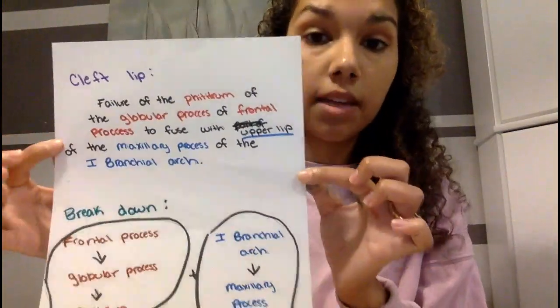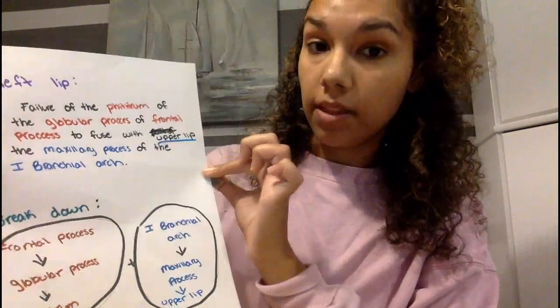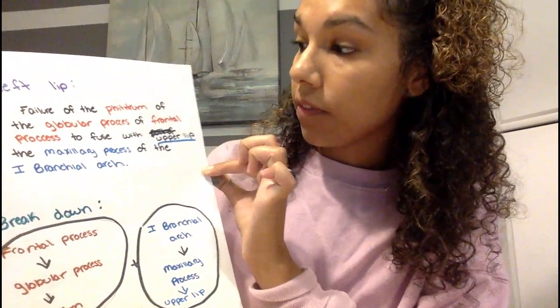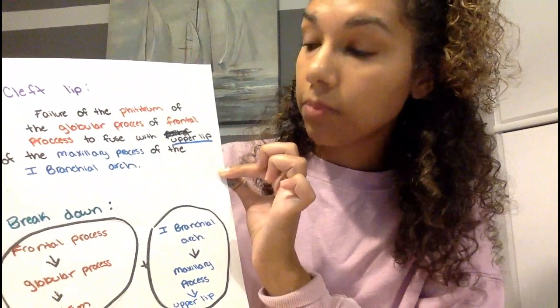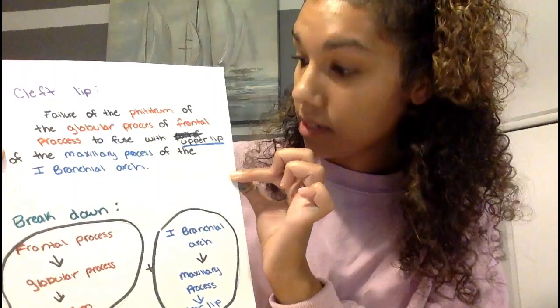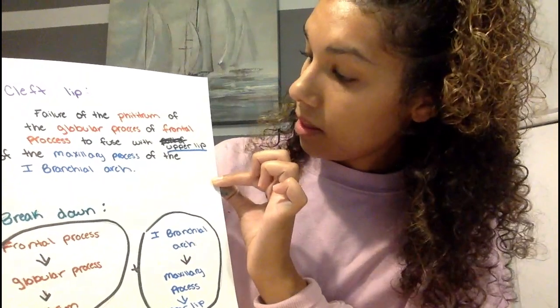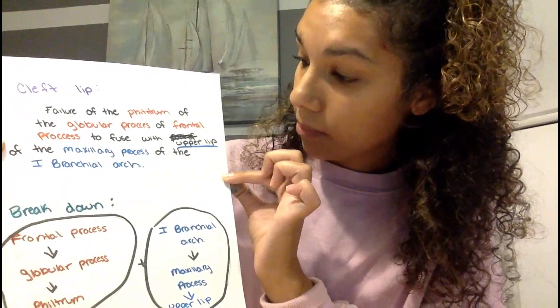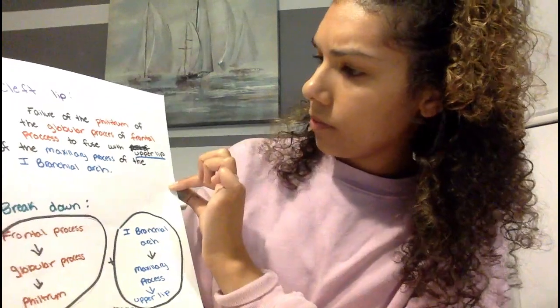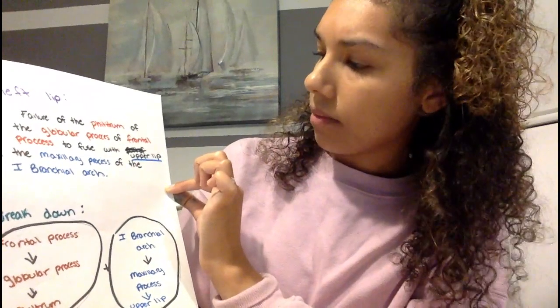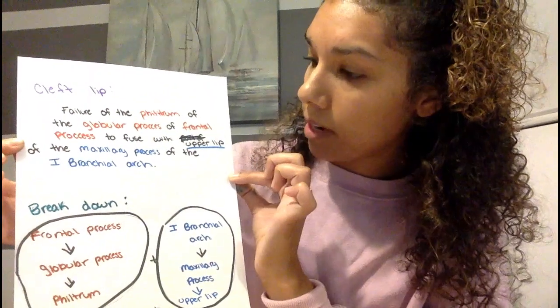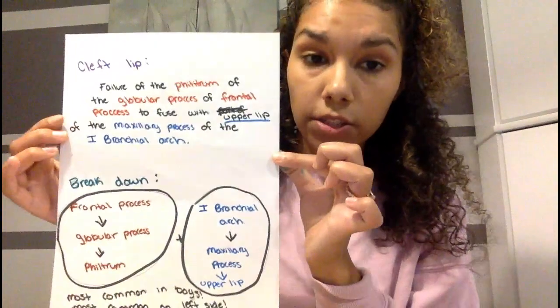the specifics of a cleft lip would be, I'm going to read this exactly, failure of the philtrum of the globular process of the frontal process to fuse with the upper lip of the maxillary process of the first branchial arch.